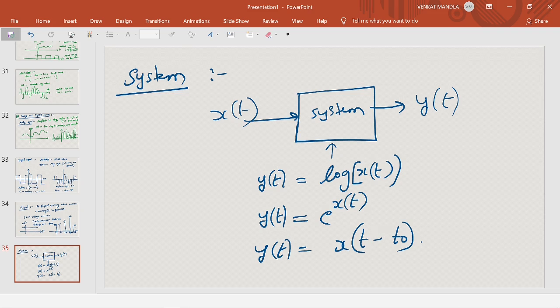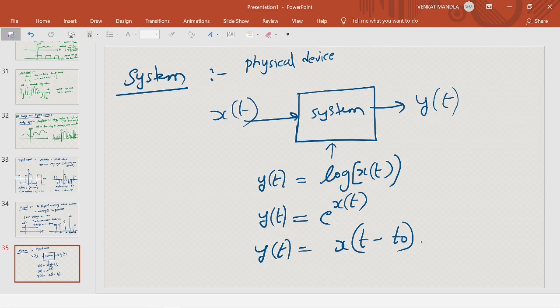So system is a physical device, or sometimes it is also a program. If it is a discrete time system, sometimes it is also a program. Okay, so it is not a physical device at that time.